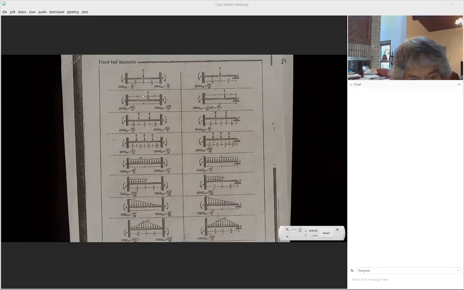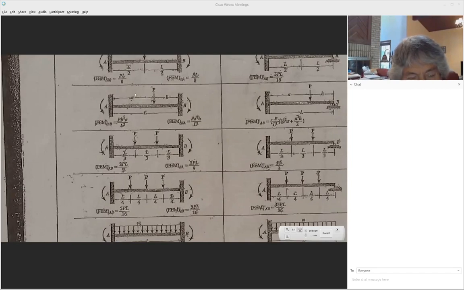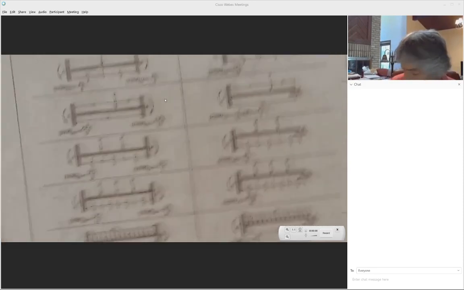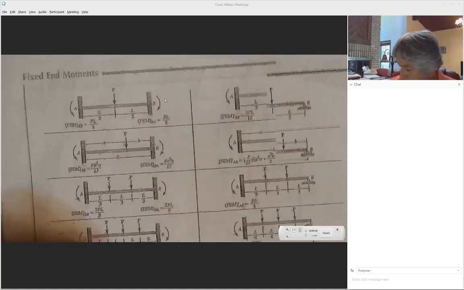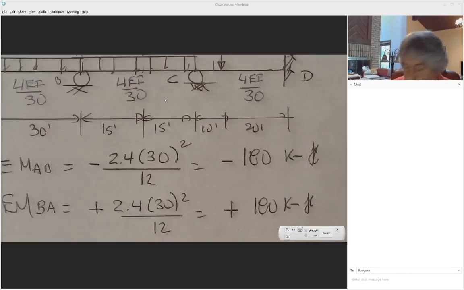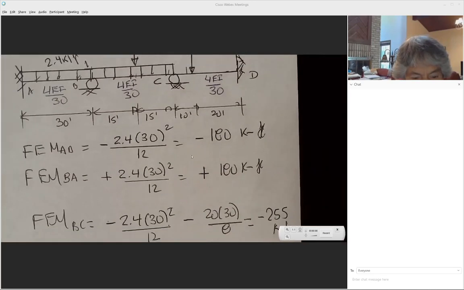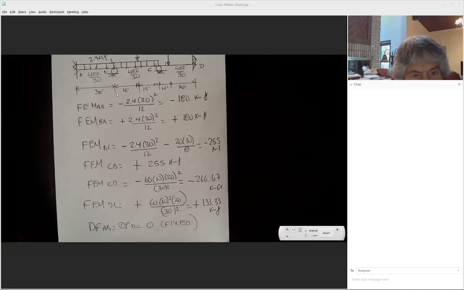And this is the one that people get confused. Whenever this is large, they call it A and they call this one B. If it changes, they swap B and A. You cannot change that. This A always remains there, and this B always remains there for the formula. So the computation of the fixed end moment for the last one is PAB squared over L squared, negative.